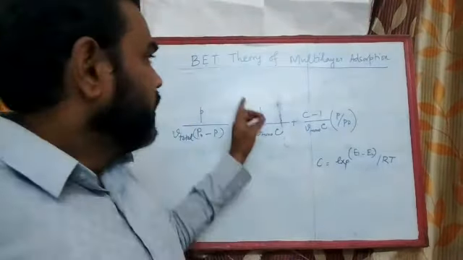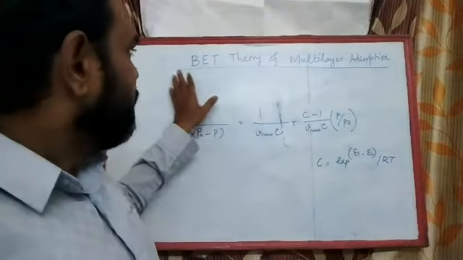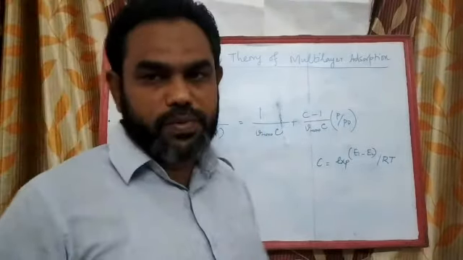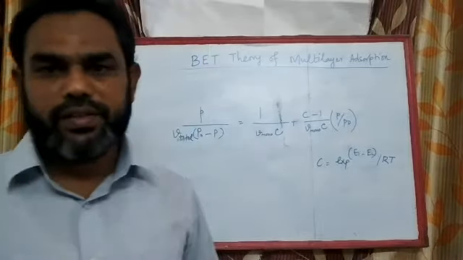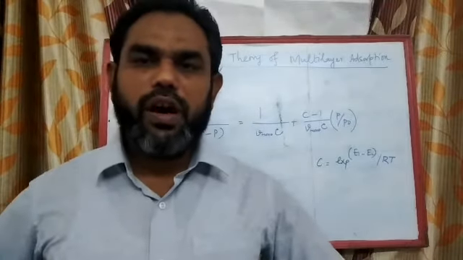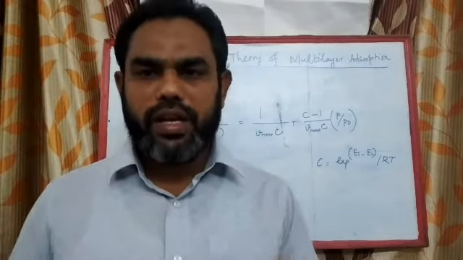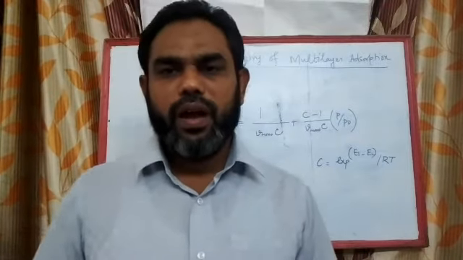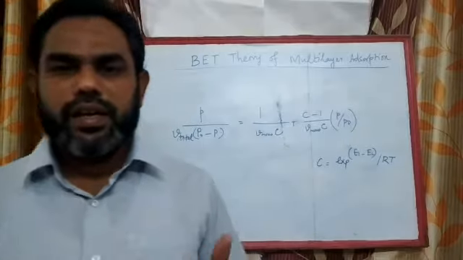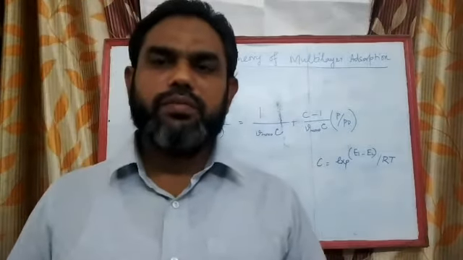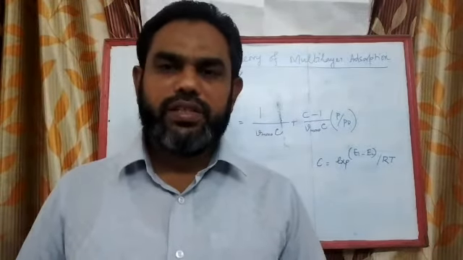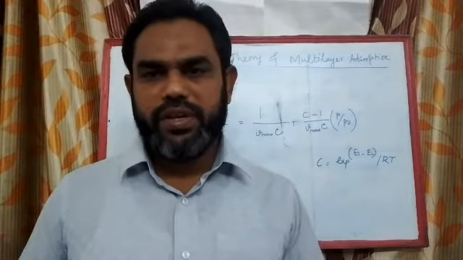Dear students, this is the next topic, BET theory of adsorption of multilayer. So the Langmuir's theory of adsorption is restricted to monomolecular layer of adsorption only, and moreover the limitation of Langmuir's theory is it is not valid at a high pressure.